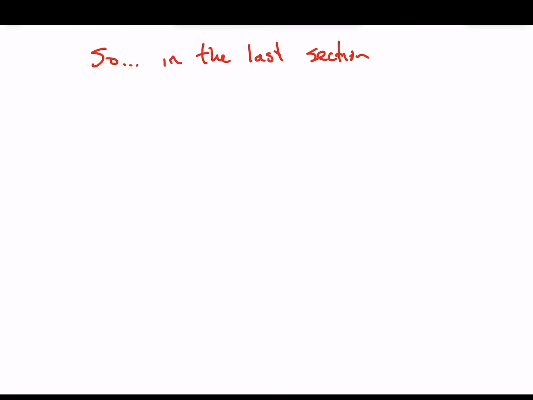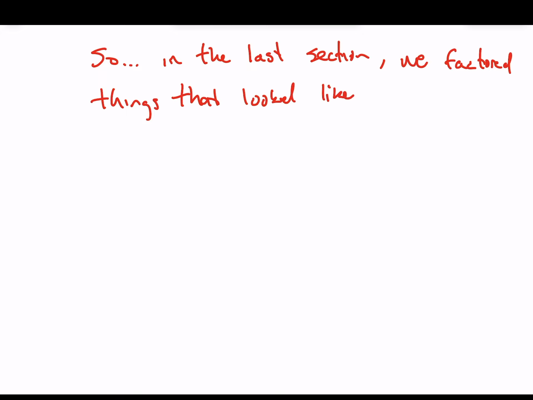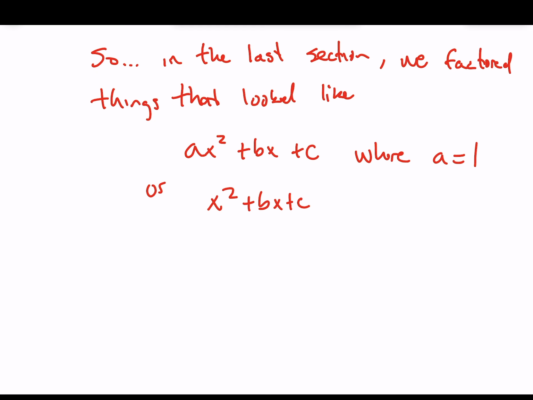So, in the last section, we factored things that looked like ax squared plus bx plus c, where a equals 1, or x squared plus bx plus c, and a times c was just equal to c.